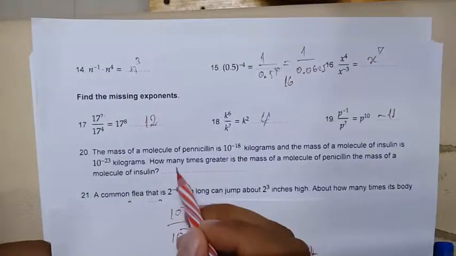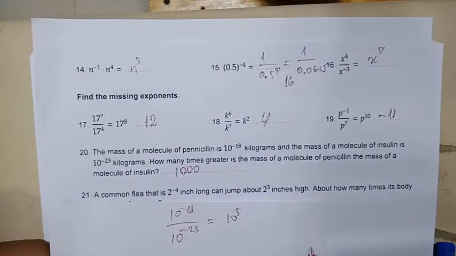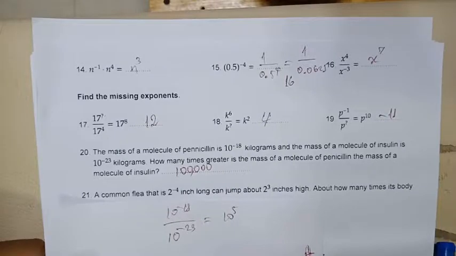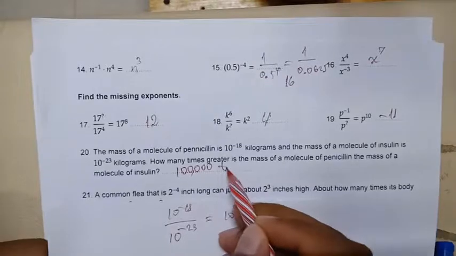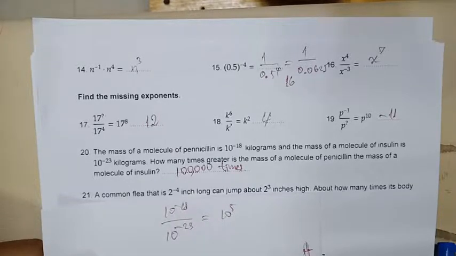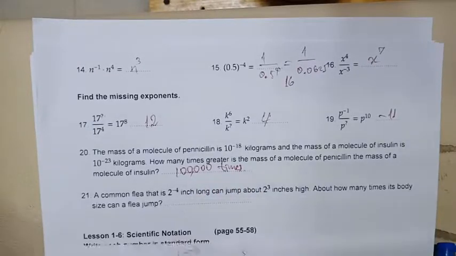So you have 100,000 times greater. We got to count the zeros. So this is 100,000 times greater.